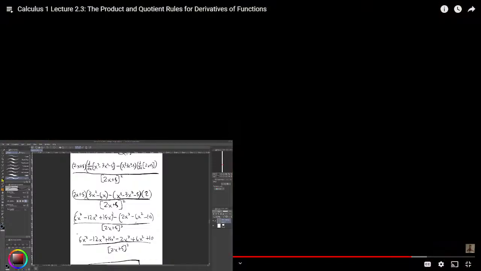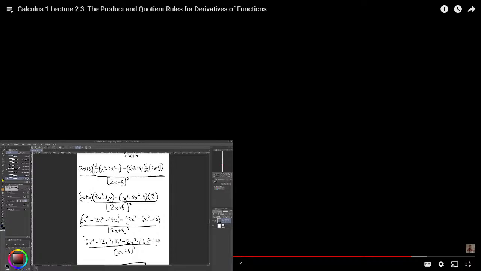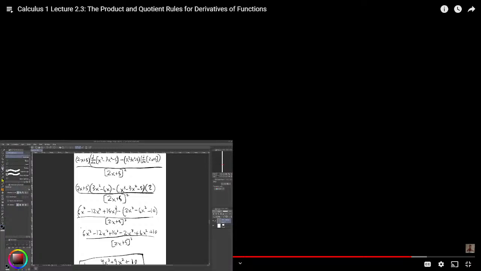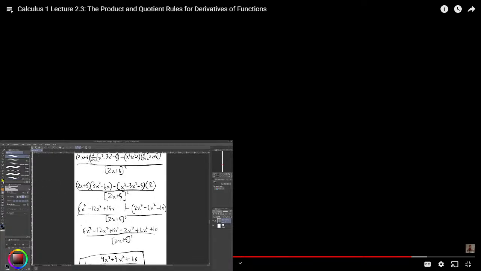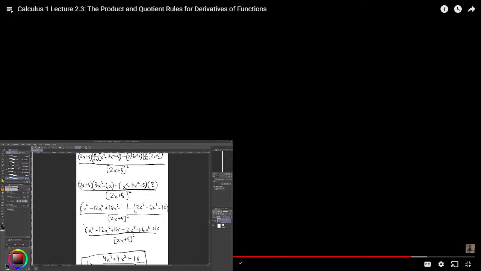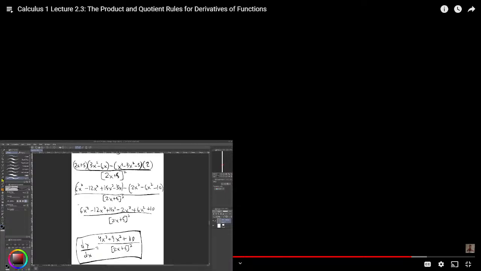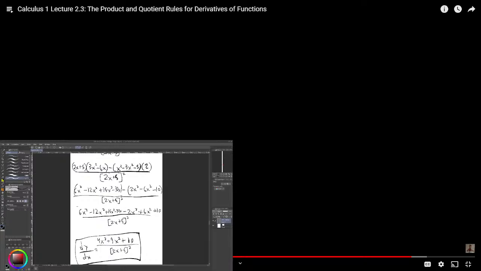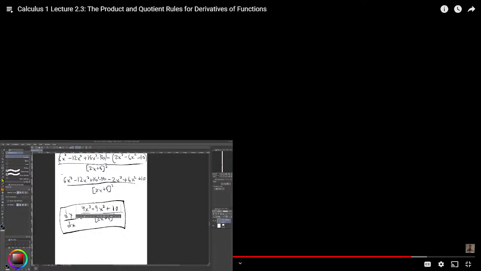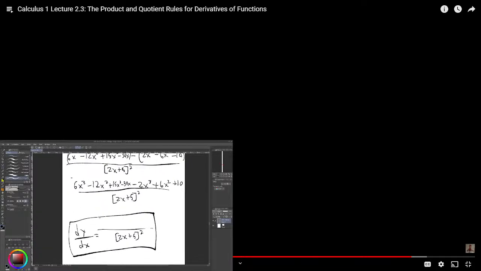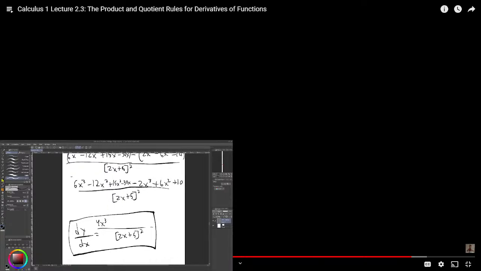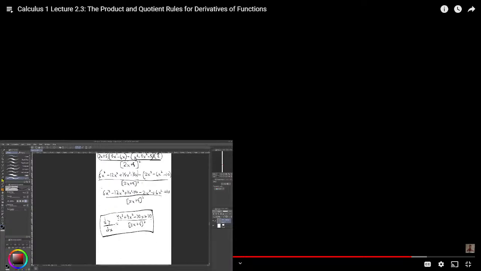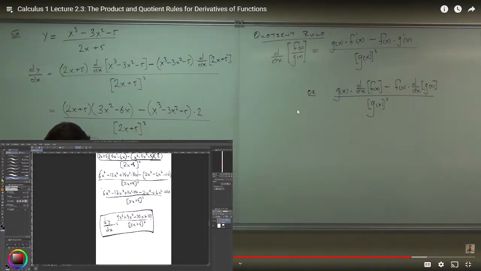Delete this whole thing. 4x cubed, 3, and plus 9x squared minus 30x plus 10. Finally, man. Jeez.